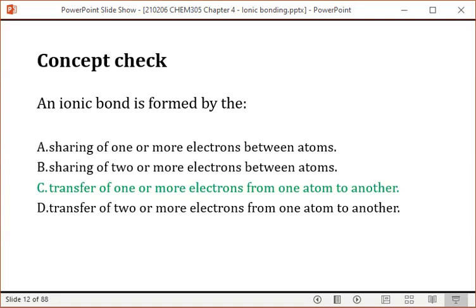So ionic bonds are formed by the transfer of 1 or more electrons to make cations and anions, whereas covalent or molecular bonds are formed when atoms share 2 or more electrons. So if this question was asking you, a molecular bond is formed by which of the following? A molecular bond would be formed by answer B, sharing 2 or more electrons between the atoms.